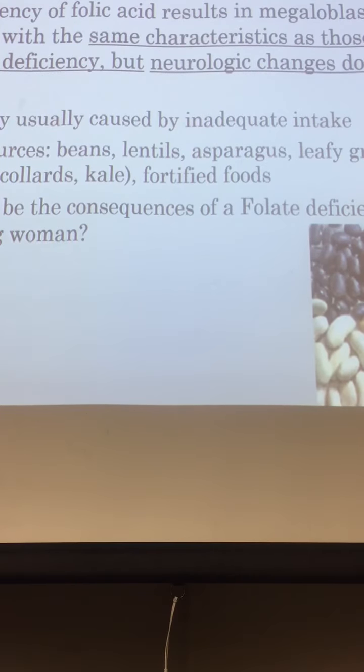But why is it so important? Yeah, Sam? Because it develops the neural tubes in the baby. Exactly. Without folate, when that spinal cord develops, it's not going to be able to close the bone around the spinal cord.